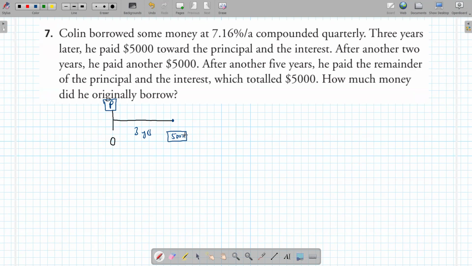After another 2 years, here, he paid another 5,000. And then another 5 years later, 5 years later, he paid another 5,000.